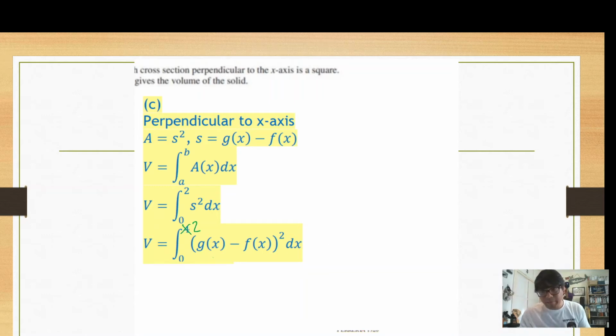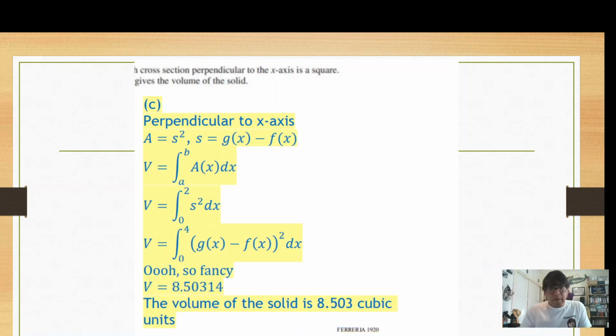And from here, you can just integrate on your calculator. Actually, I don't think we were required to integrate, but with a calculator in our hands, it's not really that difficult. So we got 8.50314. The volume of the solid is 8.503 cubic units.